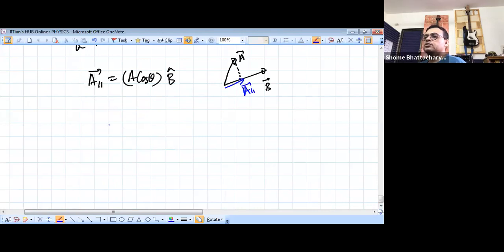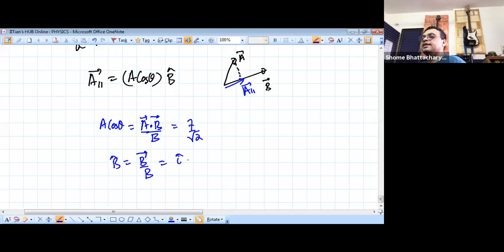E cos theta will be E dot B divided by mod B, which here will become 7 by root 2 when you calculate from above. Whereas B cap will be B vector divided by its magnitude, that is i cap plus j cap by root 2. So the parallel component is 7 by root 2 into i cap plus j cap by root 2.